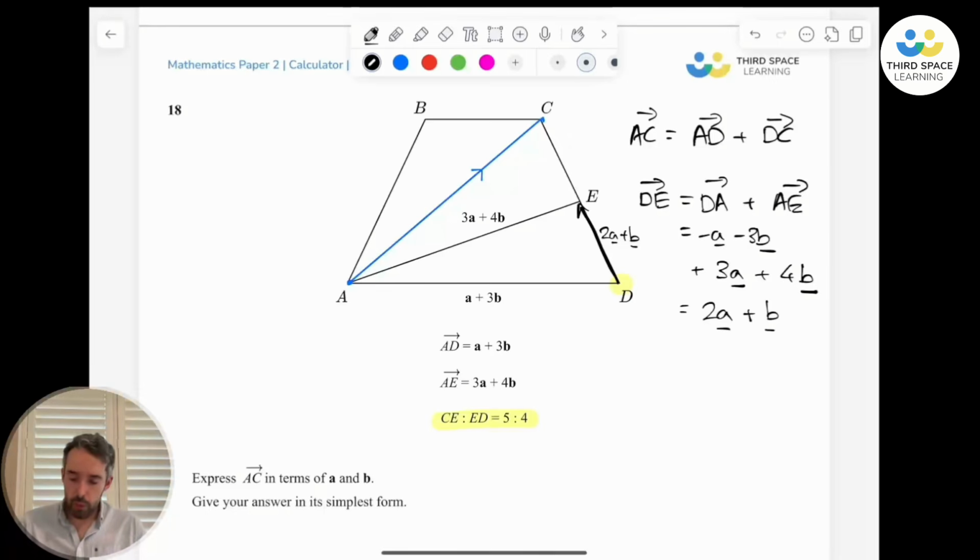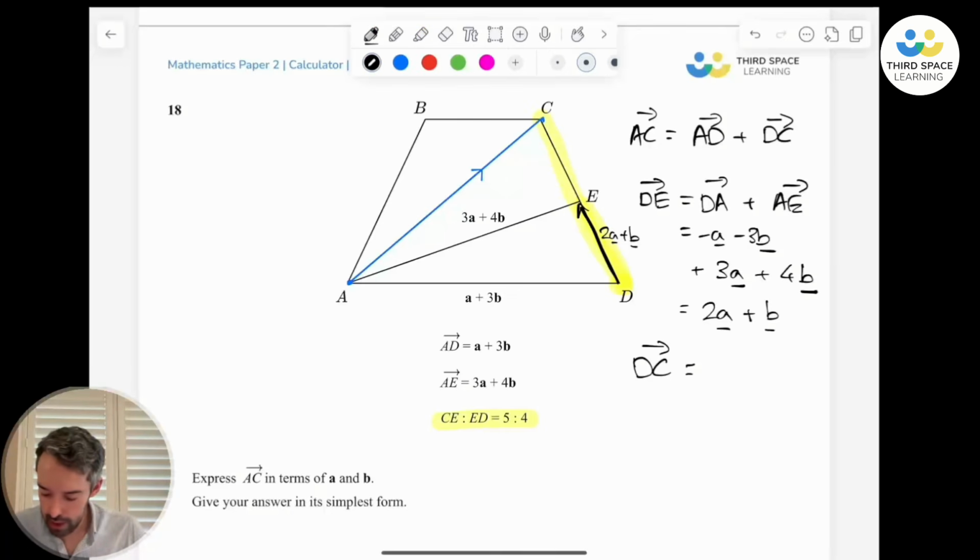Now, we want to take the whole thing all the way up from D to C. To get from D to C, what we have to do is multiply this section by 9 parts out of 4. The reason is that this part, D to E, represents 4 parts, and the whole thing represents 9 parts.